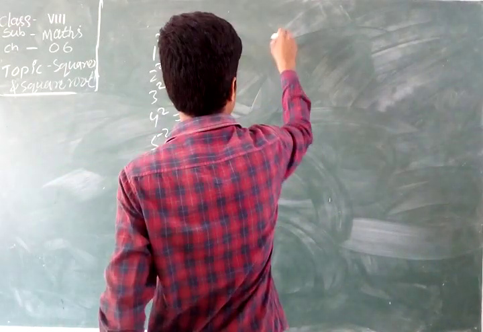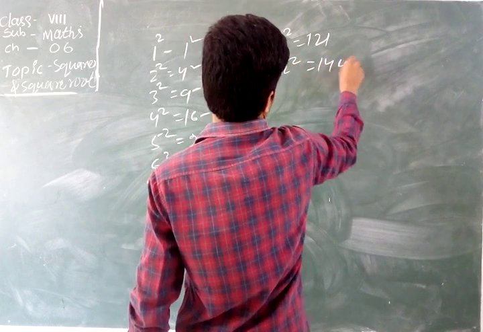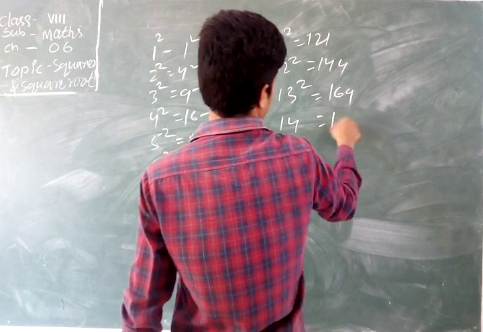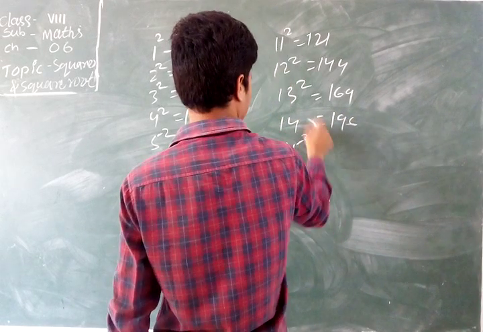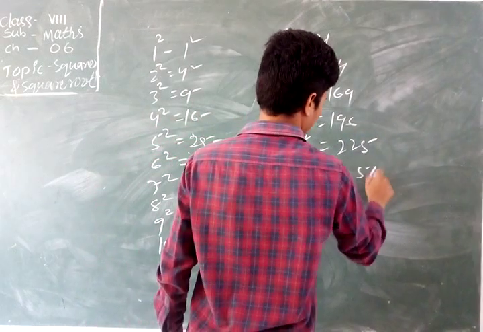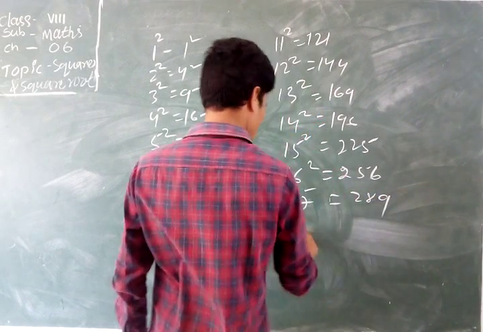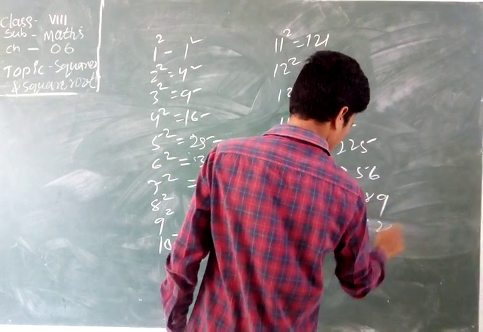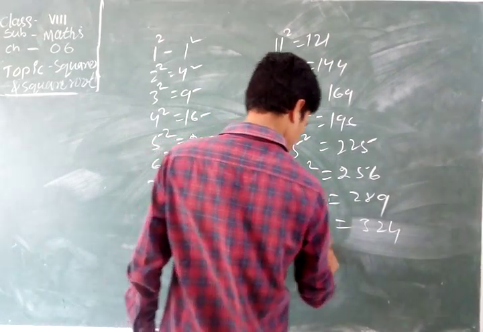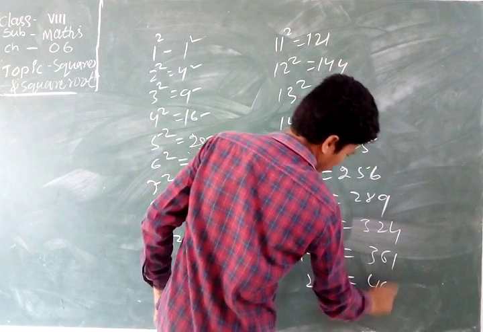Now another set: 11 square is 121, 12 square is 144, 13 square is 169, 14 square is 196, 15 square is 225, 16 square is 256, 17 square is 289, 18 square is 324, 19 square is 361, 20 square is 400.